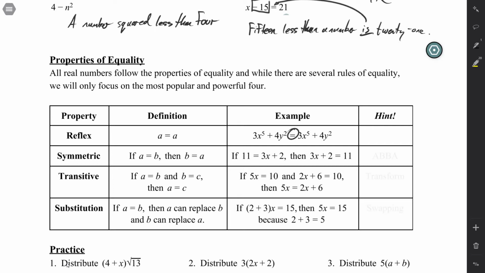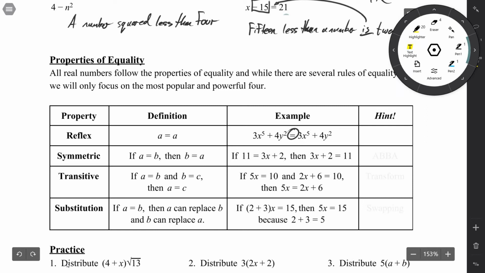There are dozens of properties of equality, but we're going to focus on the most common four: the reflexive property, the symmetric property, the transitive property, and the substitution property. I would expect most of you have used these in Algebra 1. You may not have been taught the specific word for them or the specific title of these properties, but I'm sure that you've used them.